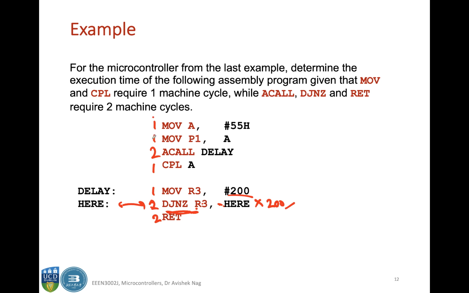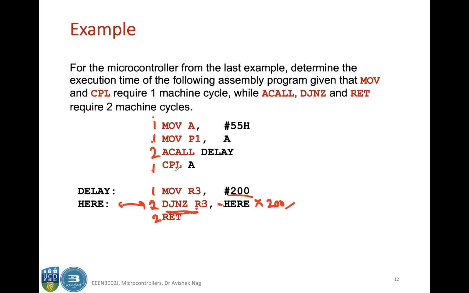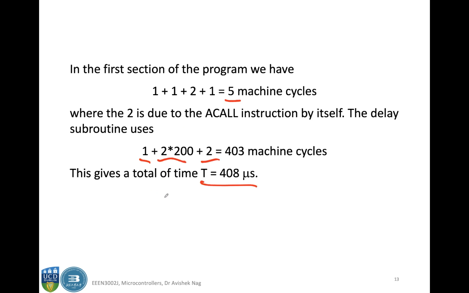Okay, so 1 plus 1 is 2, plus 2 is 4, plus 1 is 5. And the delay subroutine takes 1 plus 2 into 200 plus 2, so that will be 403. So total, if you add these two, this will give you 408 microseconds.